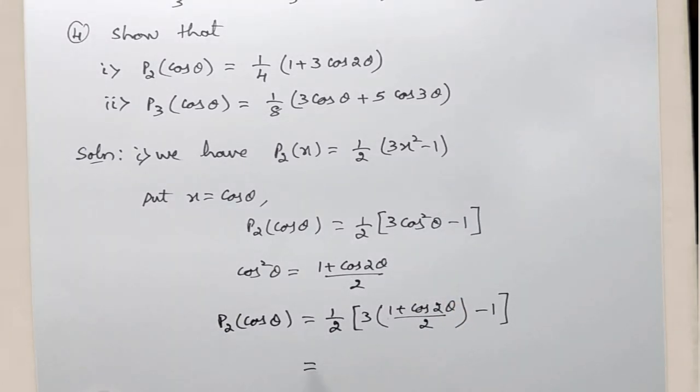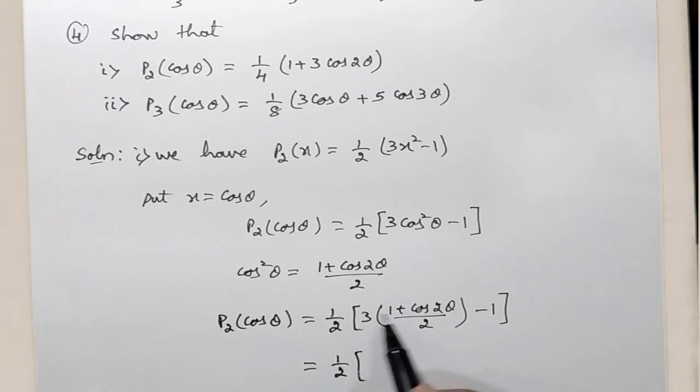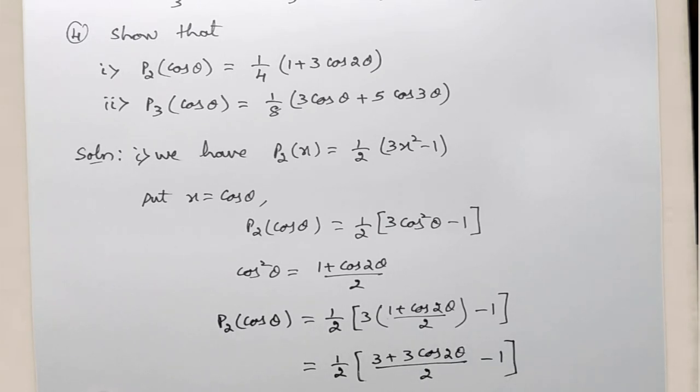So let us try to simplify this one. So it is 1 by 2 times of, multiply this 3 inside, so 3 times of 1 will be 3 plus 3 times of cos 2 theta, whole divided by 2, minus of 1.